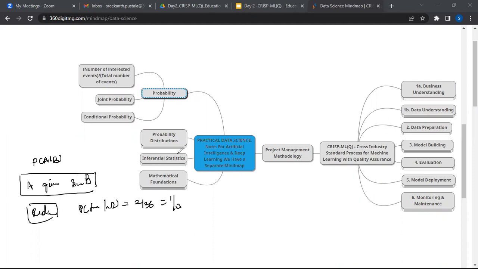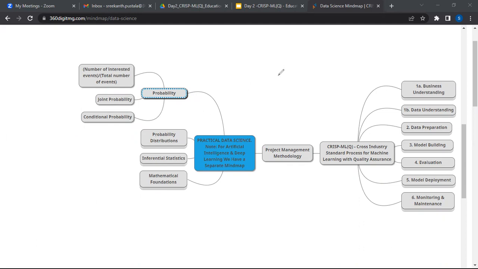Given two random variables that are defined on the same probability space, if I have A and B, this is the common conjunction that we have. It is defined as A intersection B.